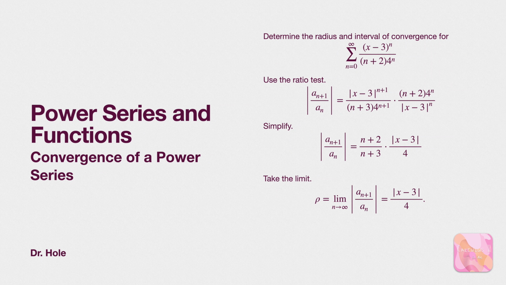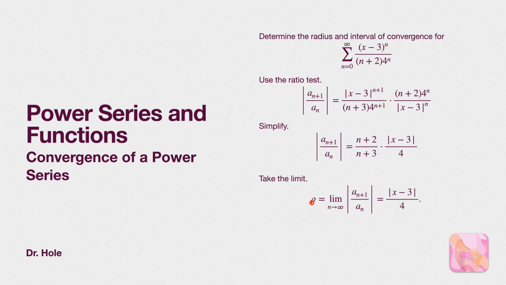So if we bring that into our computation, rho, here depending on x, needs to be strictly less than 1. If we look at that, we can get rid of the denominator 4, and come up with the numerator: absolute of x minus 3 must be strictly less than 4.